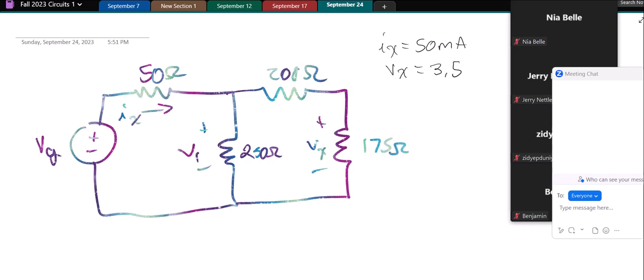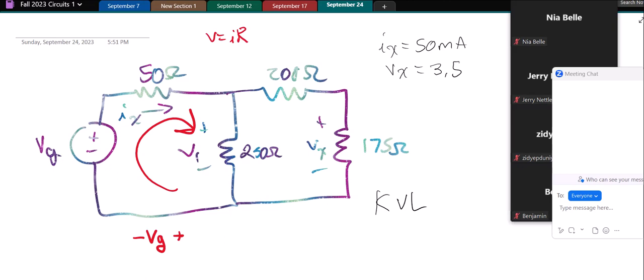Okay, so now let's take some loops. I'm going to do KVL. I'm picking the left-hand loop for no particular reason. I'm going around that one. As I go into the minus side of this voltage source right here, I call that minus Vg. And then going across a resistor, your voltage is going to be your current times your resistance. That is Ohm's law, V equals IR.